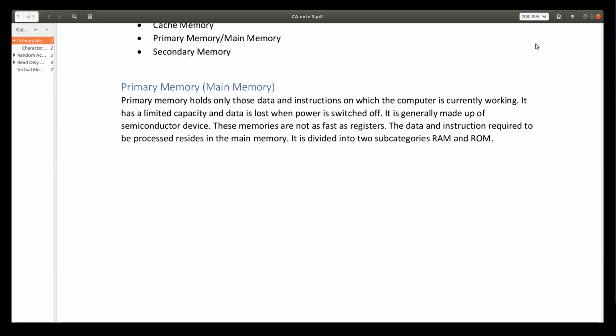The data and instructions required to be processed will be in the main memory. Whatever data your computer is accessing, it accesses from RAM, the main memory. As I told you, primary memory can be divided into two subcategories, that is RAM and ROM.